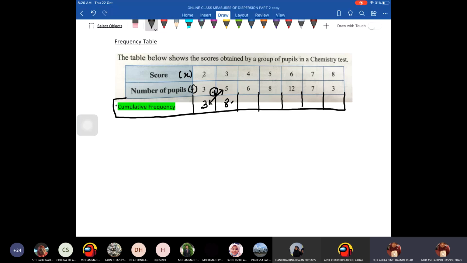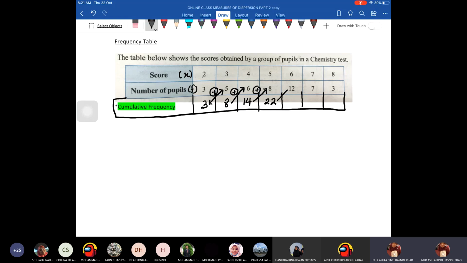So from 8, I add 6. I will get 14. So now from data 2 to data 4, I have 14 data. This is what cumulative frequency is. And then 14, next data, which is 5. 14 plus 8 will give me 22.